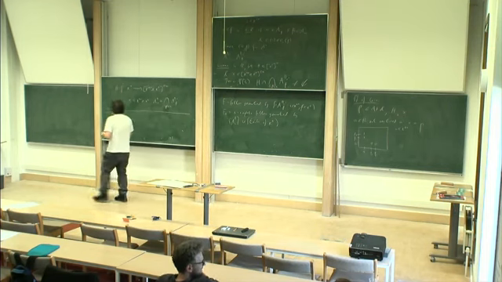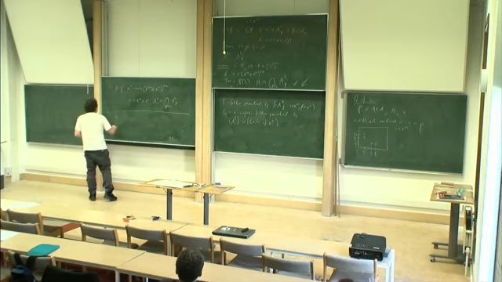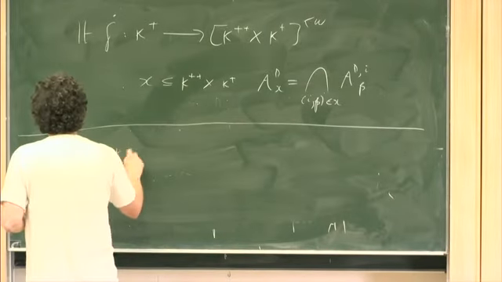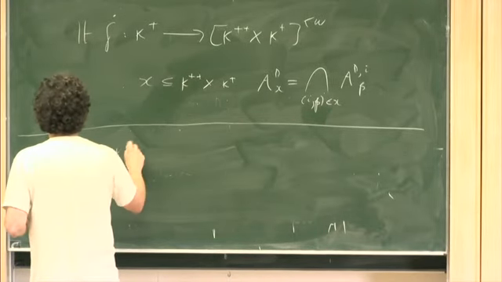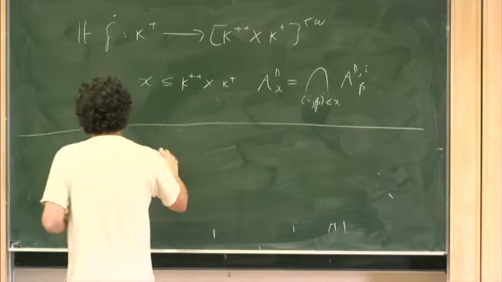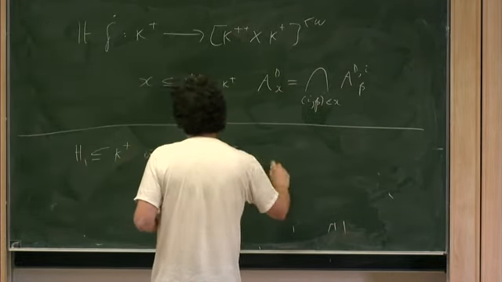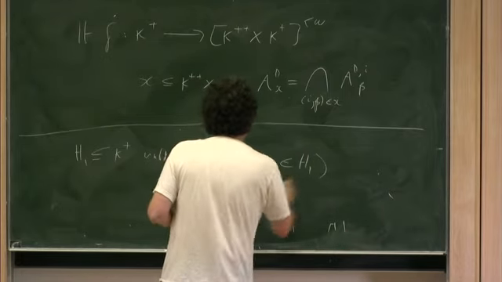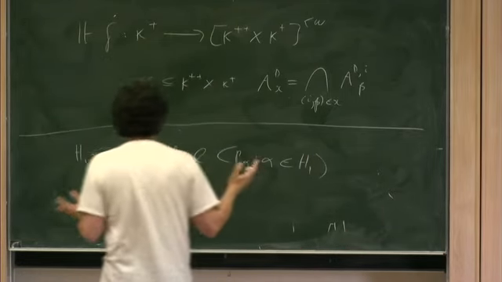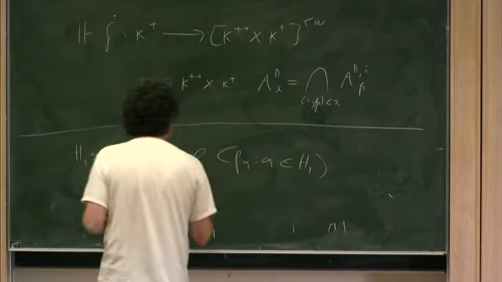So we're going to construct H1 contained in kappa plus unbounded, and we're going to construct P alpha in H1. There would be an H0 if I had more time, but there's not enough time. So P alpha in H1.